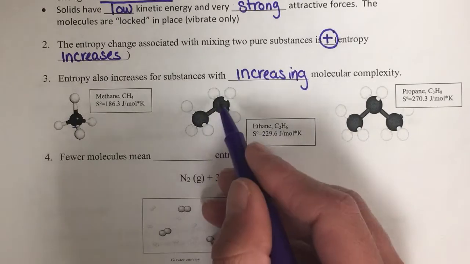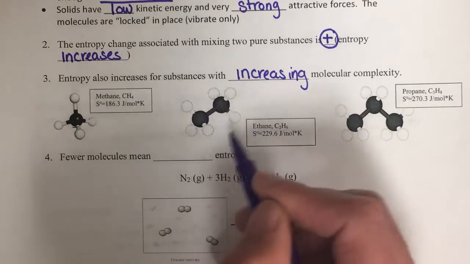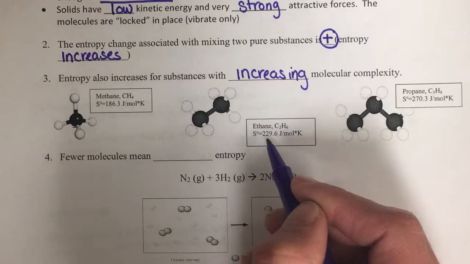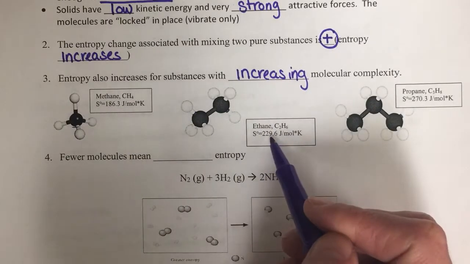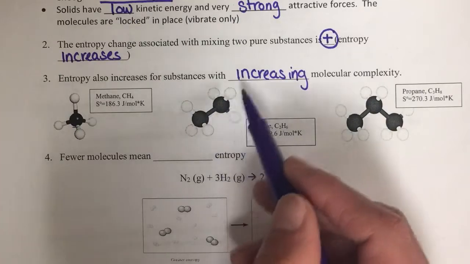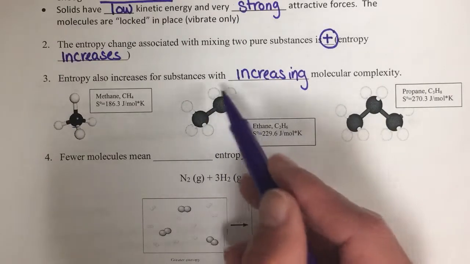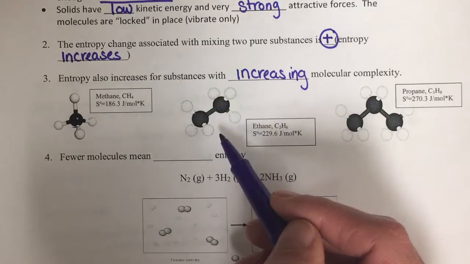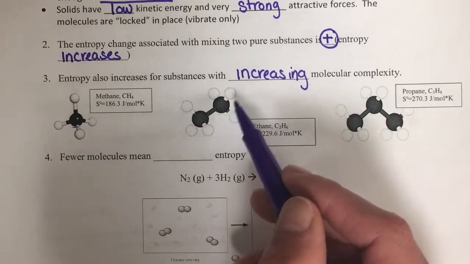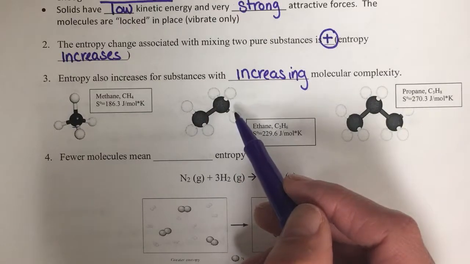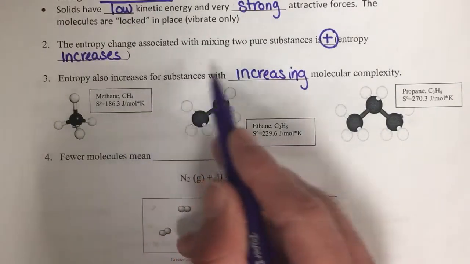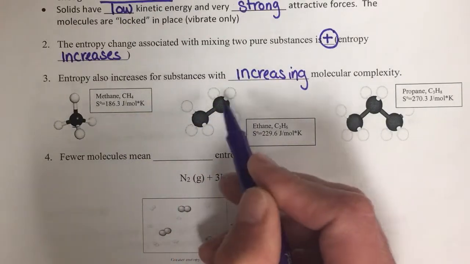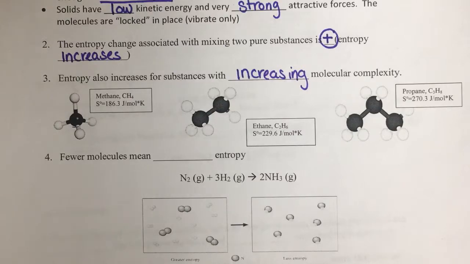Ethane, 2 carbons, 6 hydrogens, 229. Not quite double, but almost double. I have more atoms. They're going to be able to vibrate more in place. I'm going to have more protons, neutrons, electrons moving around. I'm going to have more things shifting, so it increases as I have more atoms, a more complex molecule.